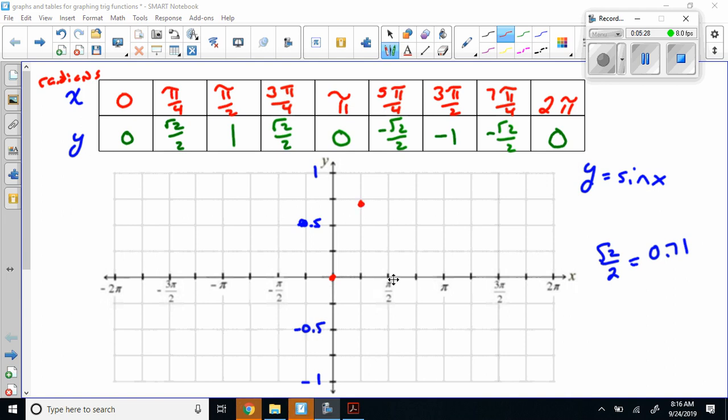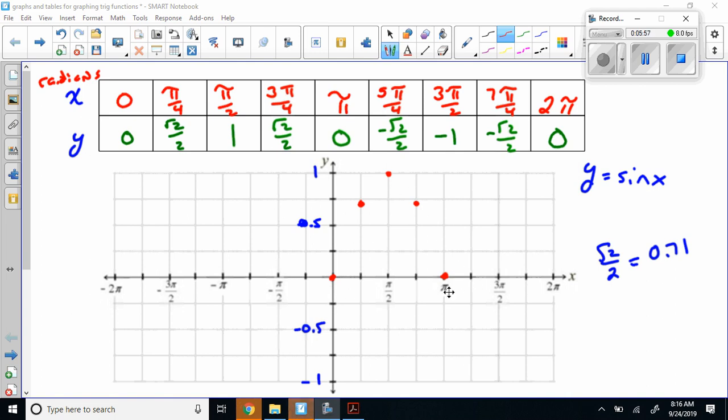Pi over 2, I need to be at what? 1. 3 pi over 4, I need to be back at where? The square root 2 over 2. And then at pi, I'm back to who? 0, right? What does that look like right there? A parabola, right? Look at the symmetry.